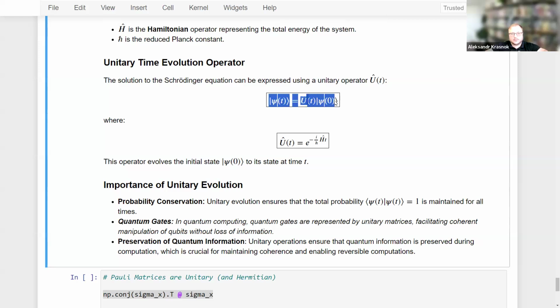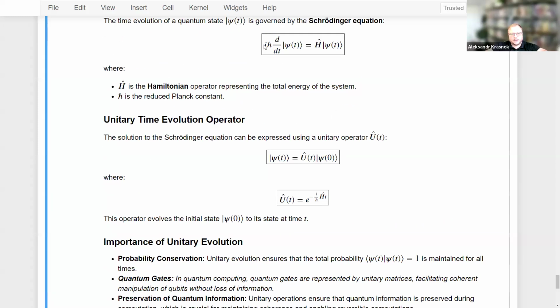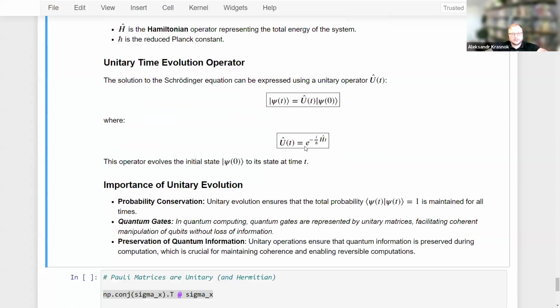So if we write the state vector as a product of some operator U times the initial state vector at some initial time moment, then if you take the time derivative of this expression and multiply by i and h-bar, you will get exactly this, if this operator U is given by this formula here.